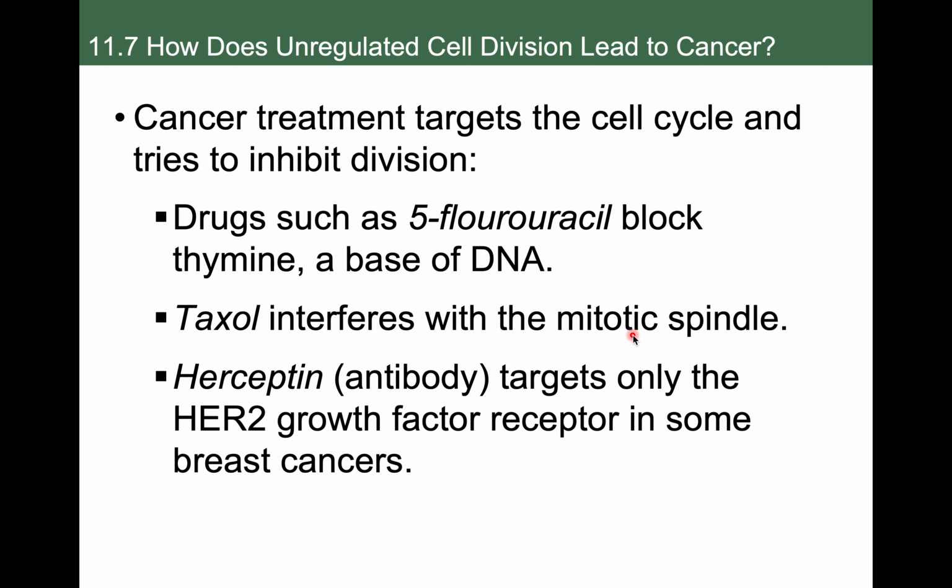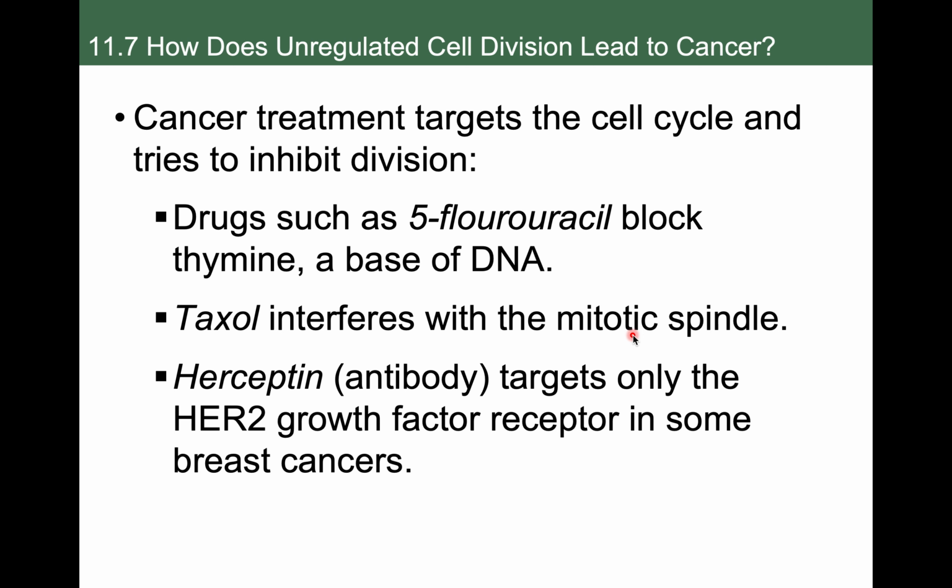So if a cell is going through mitosis, the spindle gets screwed up and it can't complete the process, which is fine. It's effective as a cancer treatment, but it's going to kill any cell that's dividing, right? Block any mitosis. So that's why you get some of these nasty side effects, like you lose your hair because you have dividing cells in your hair follicles. You get really nauseous because you have dividing cells that line your intestinal tract.